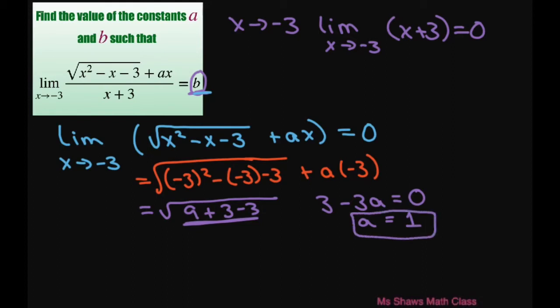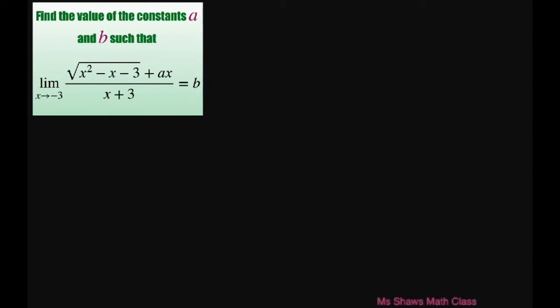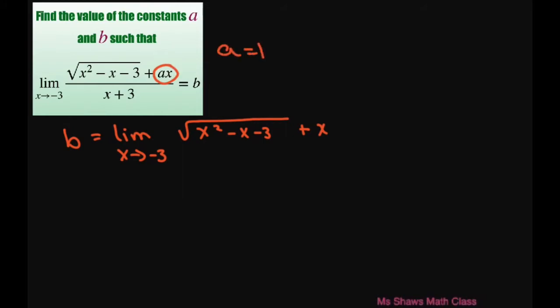And now we're going to find our b. Our b is going to be the limit as x approaches -3 of square root of x squared minus x minus 3 plus x, because I'm substituting in my a equals 1, all divided by x plus 3.